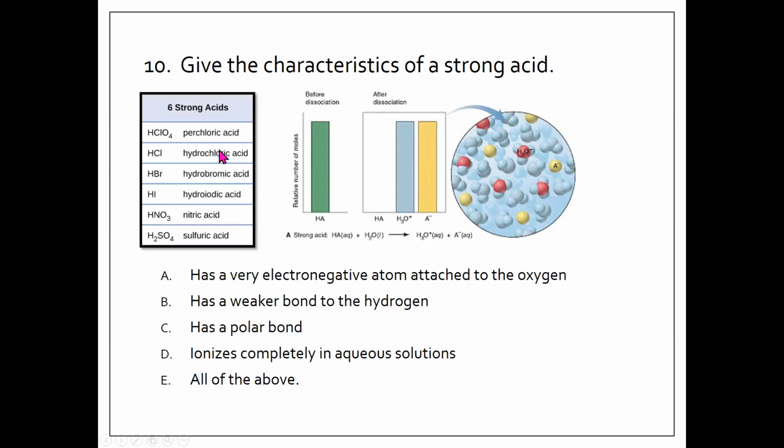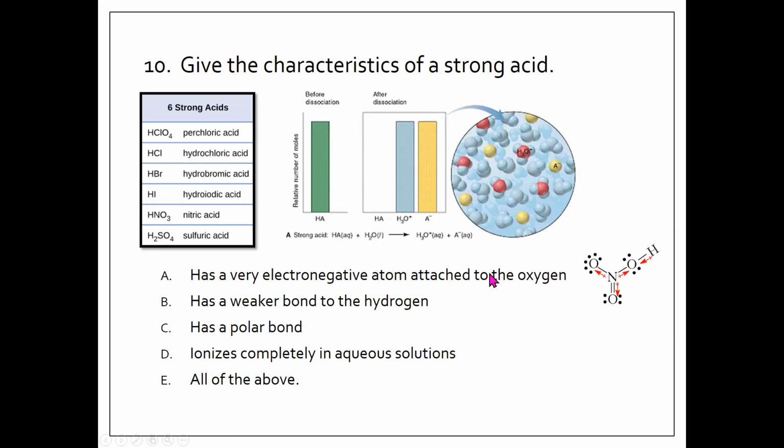So remember, these are our 6 strong acids. And so here's just an example of nitric acid. And nitric acid is an oxyacid. So the strong acids don't necessarily have to have an oxygen attached to them, but many of them do. So like the nitric and the sulfuric and the perchloric acid.